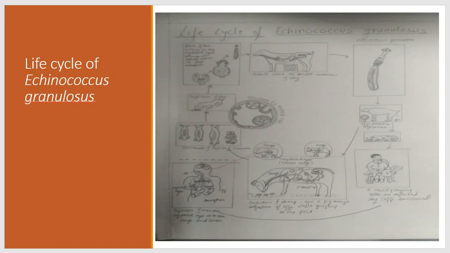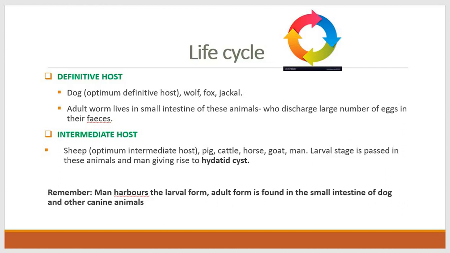For this, we need to understand the life cycle of Echinococcus granulosus. The life cycle of Echinococcus granulosus runs in two hosts, the definitive host and the intermediate host. Dog is the optimum definitive host and sheep is the optimum intermediate host.